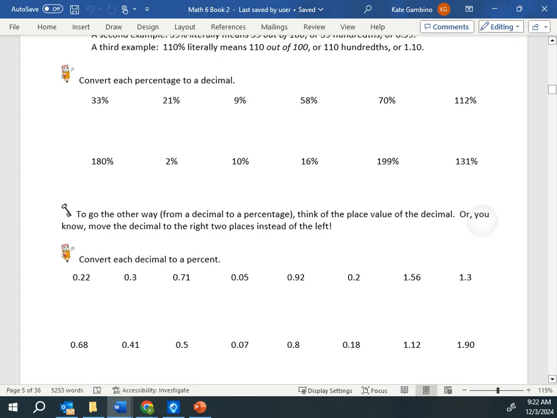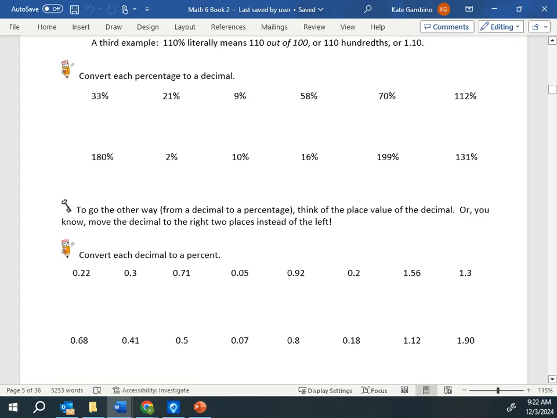Third example, 110% literally means 110 out of 100. 110 is bigger, so we know we're going to have something in that ones place. There's going to be a whole number. So 110 hundredths would be 1 and 10 hundredths. So when we read that with the decimal, it's 1 and 10 hundredths.